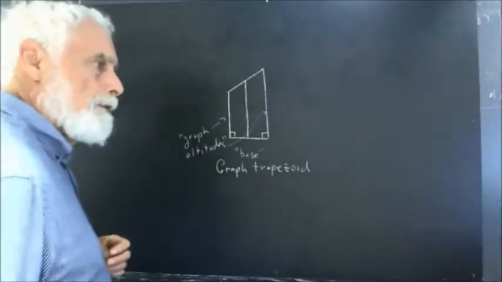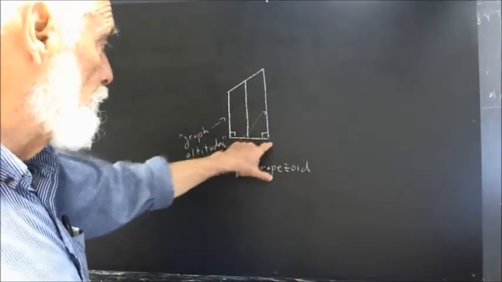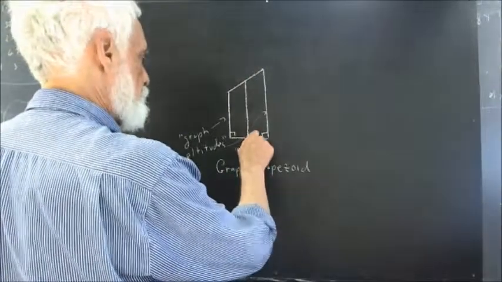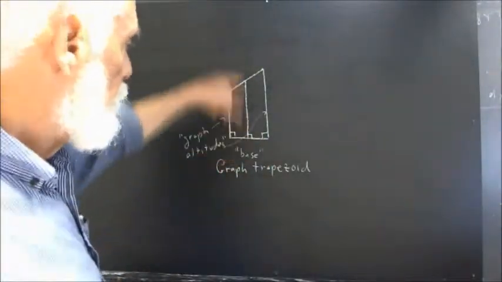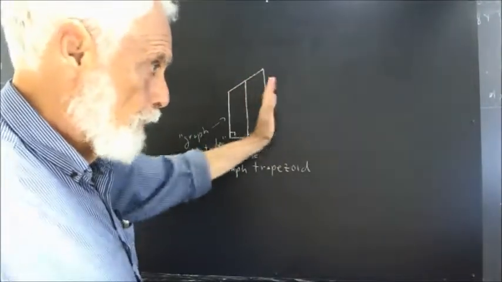If I divide the trapezoid down the middle, in other words, if I find the bisector of the base and draw at a right angle here, that's going to cut the trapezoid through the halfway point of the width.